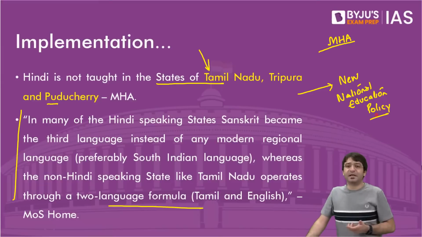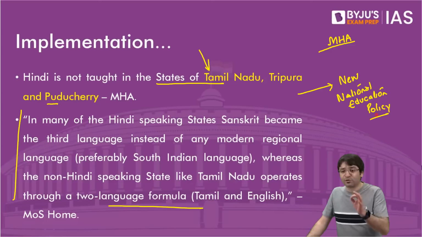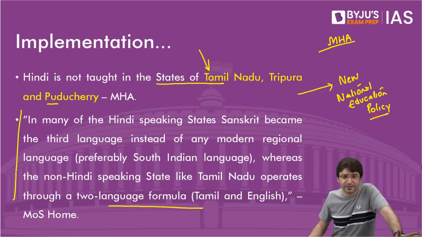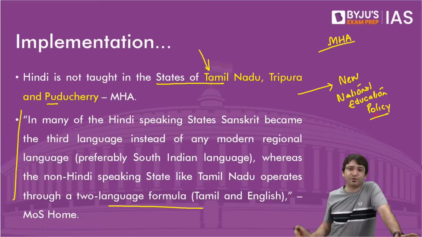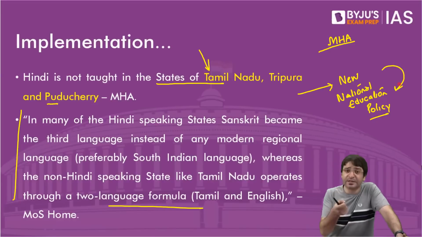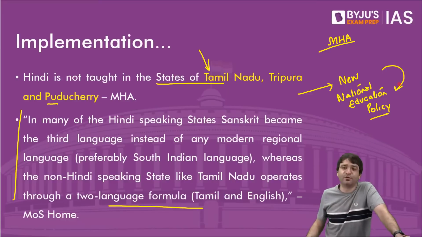Because there have been states demanding that we should not overburden kids by forcing them to study three languages. Two language formula is more than enough. But the states have the option to decide whether they want to implement a three language formula or a two language formula. Although the new national education policy encourages the states to vigorously implement the three language formula.